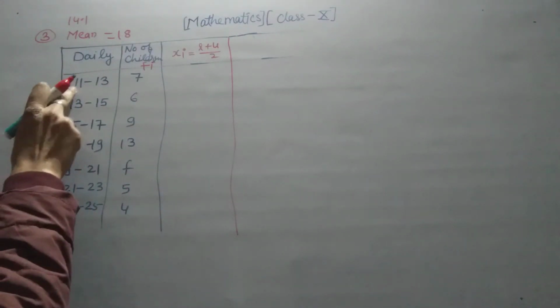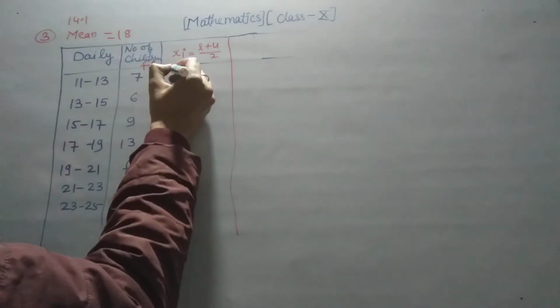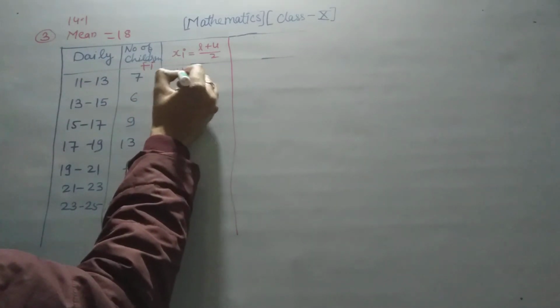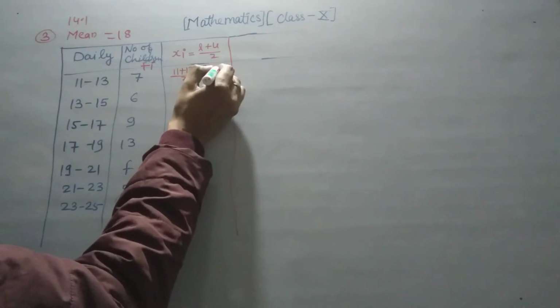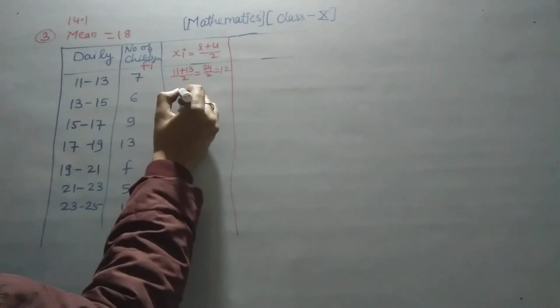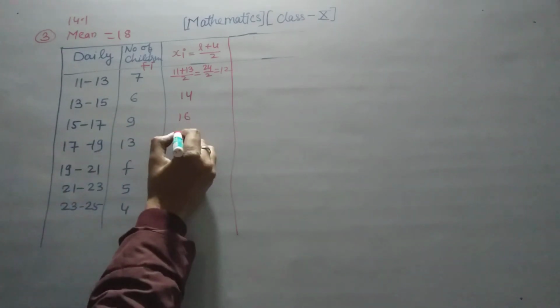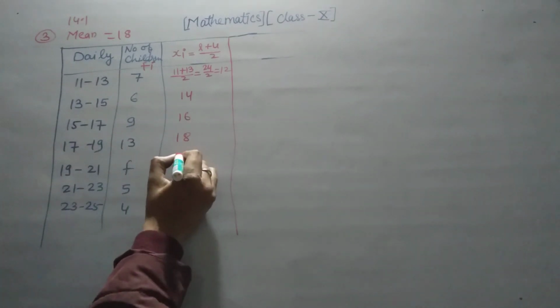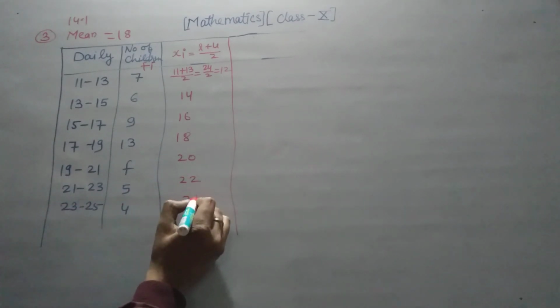So 11 plus 13 is 24, and 24 upon 2 is 12. Like this you find the other values: 14, 16, 18, 20, 22, and 24.